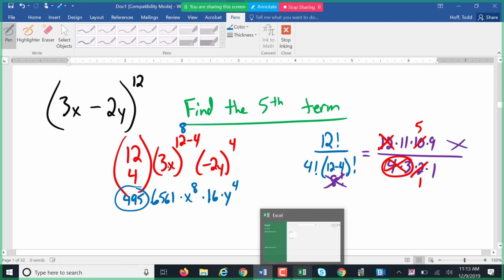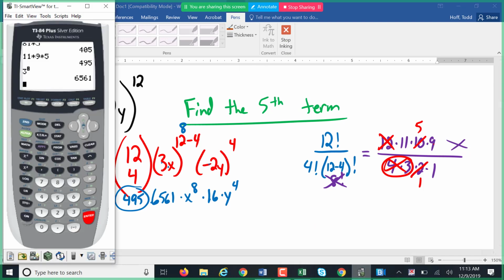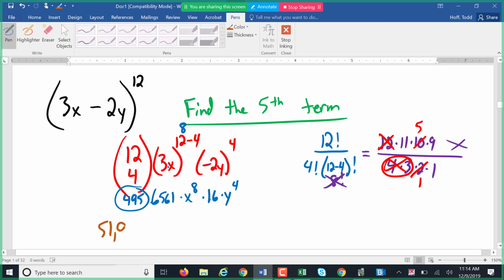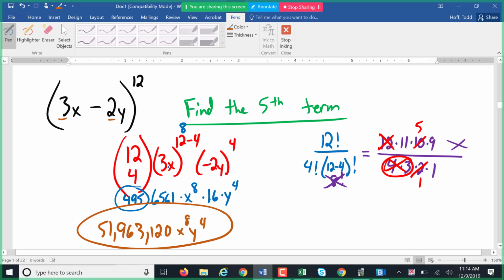So I do have to multiply here 495 times 6,561 times 16. So we get 51,963,120. So that's our coefficient, x to the 8th, y to the 4th. Now you can see the numerical coefficient there gets large rather quickly, even with such small numbers as 3 and 2 there.